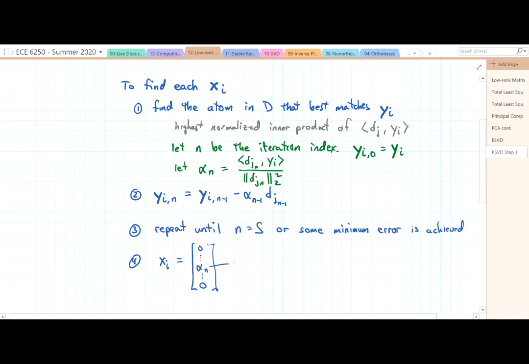Maybe a few alphas, and these occur at the j_n locations. So in general then, we will only have s of these, and each alpha_n will occur at a j_n location. Everything else will be 0.